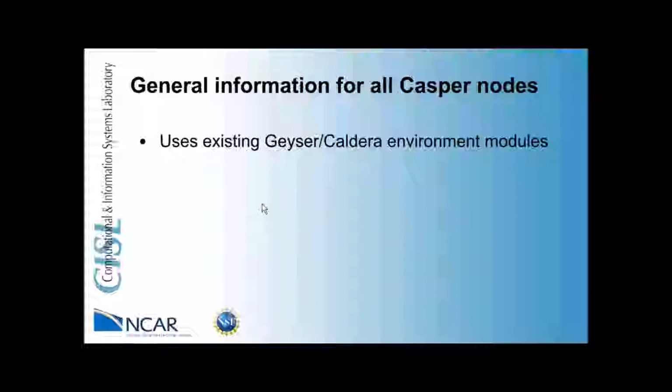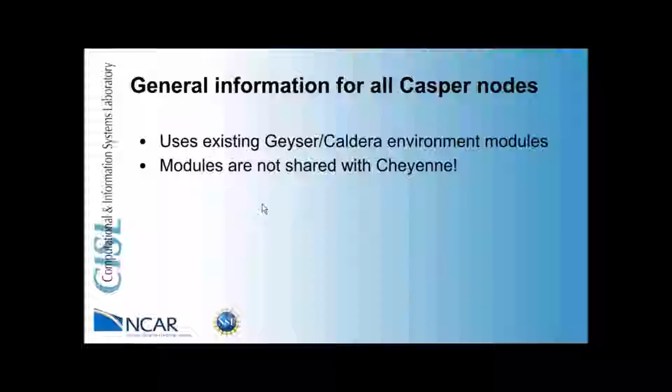So the environment should look very similar across all of the nodes, which should make things pretty convenient. Now, just like with the existing DAV systems, the modules are not shared with Cheyenne, so your environment is cleaned when you go from Cheyenne to DAV. I think everybody's probably pretty used to that at this point, but it's certainly something to be aware of when you're going from the SUSE Linux on Cheyenne to the CentOS Linux on DAV.